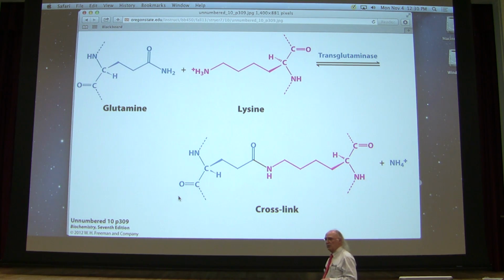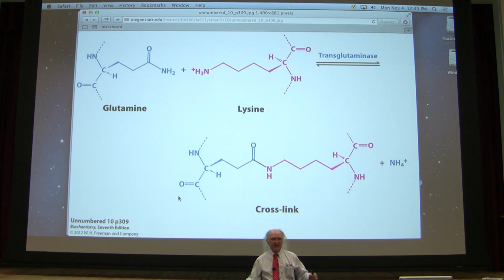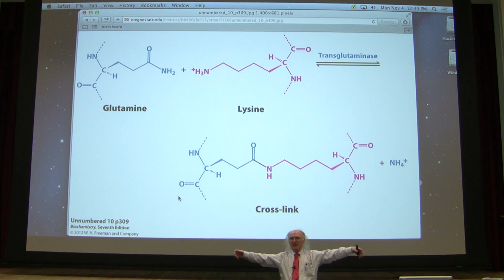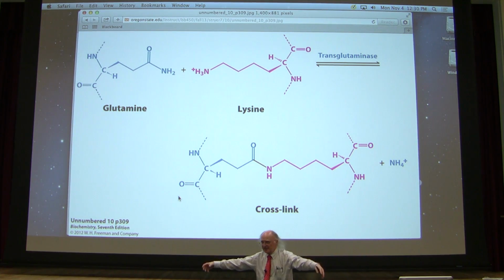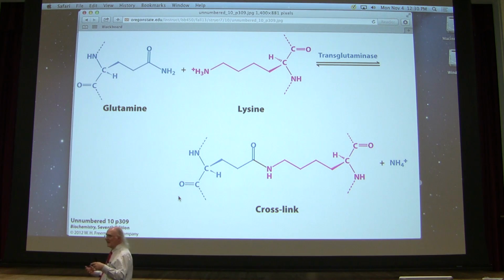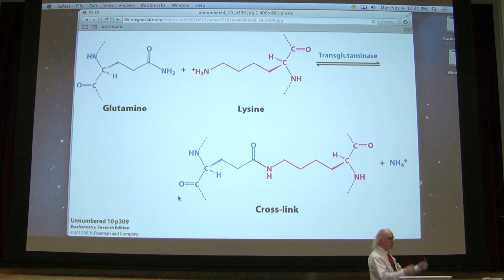Okay? Is there a specific one? No. Are there many glutamines and lysines in this mess of protein that's in this polymer that are close together? The answer is yes, there are. So now we're forming covalent bonds between the individual dimers that are there, and those covalent bonds give this unit strength.